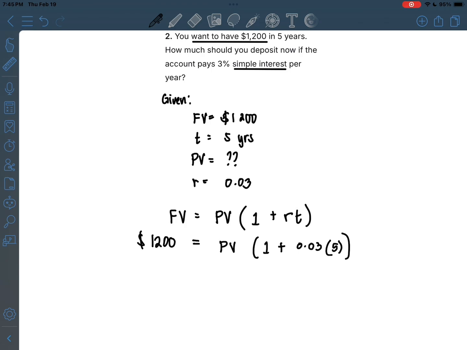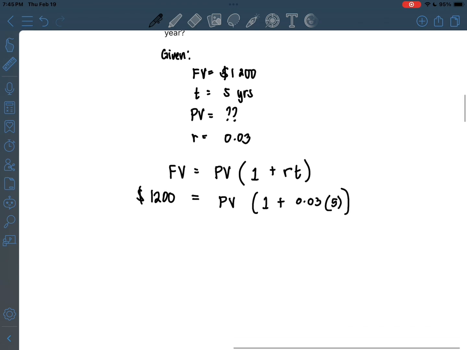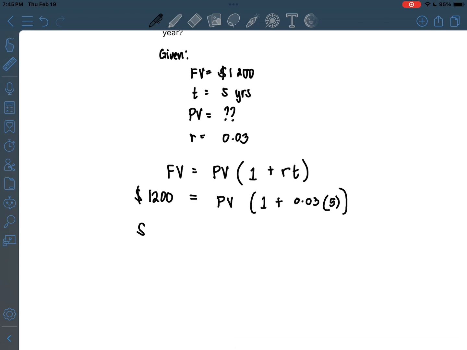Let's solve for the right side first. So 1 plus 0.03 times 5 years is 1.15. So PV times 1.15, and the PV is the thing that we have to calculate.